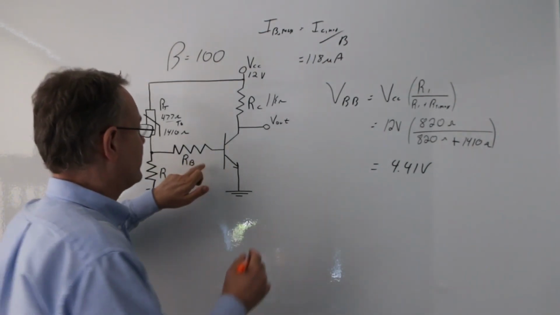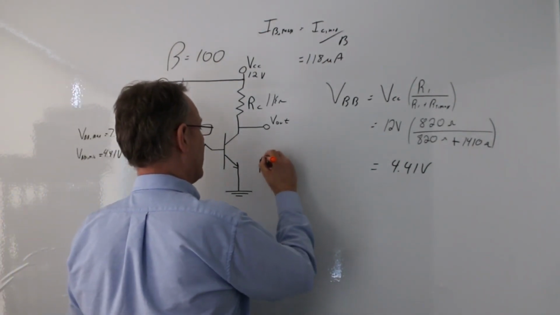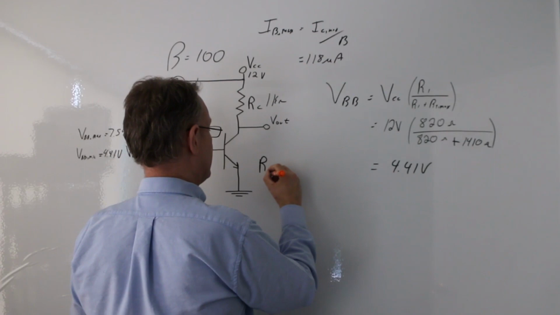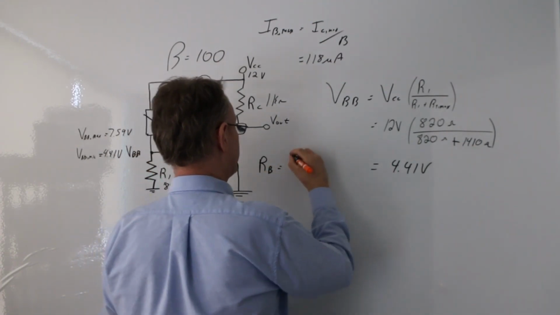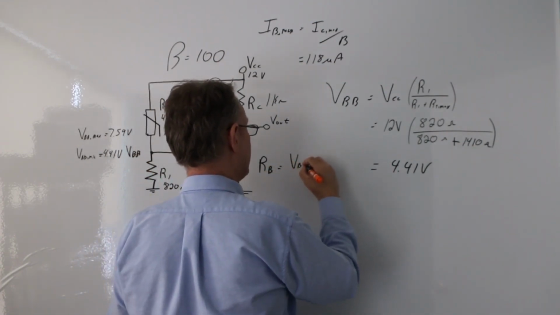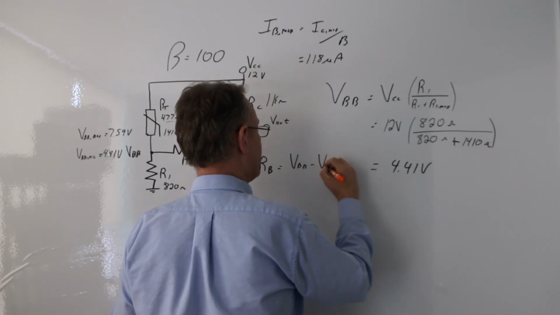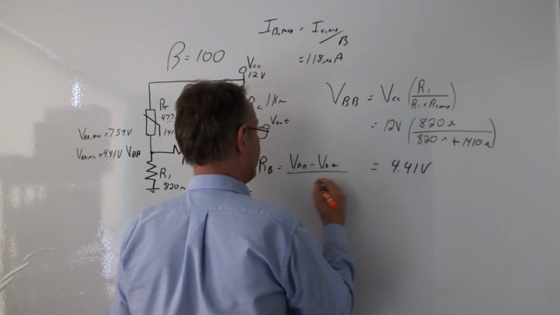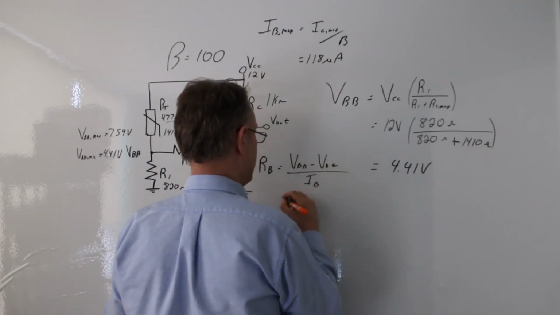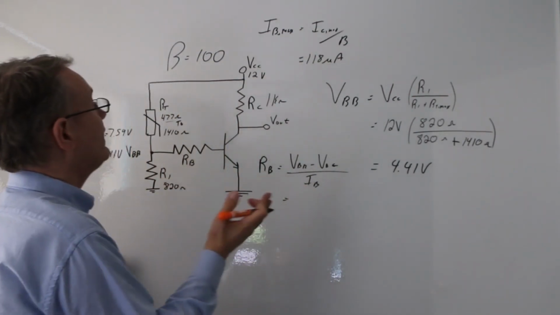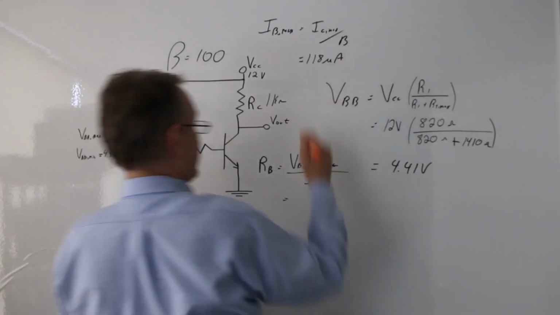I know that to do that, I have to do my RB is going to be equal to my VBB minus my VBE divided by IB, and IB, when in full saturation, is this guy here.